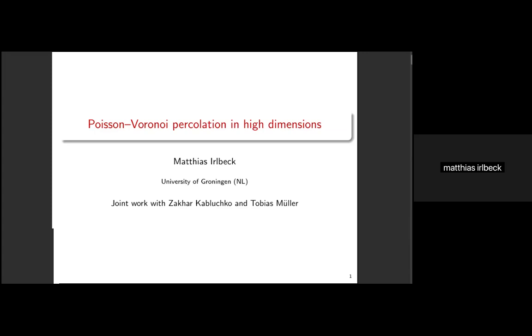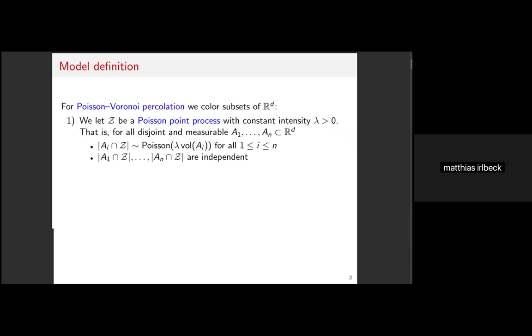All right, so first we define the model that will be the main topic of the talk today. In Poisson-Voronoi percolation, we want to randomly color subsets of the Euclidean d-dimensional space, and we do this in 3 very simple steps. In the first step, we have a Poisson point process with some constant intensity lambda.